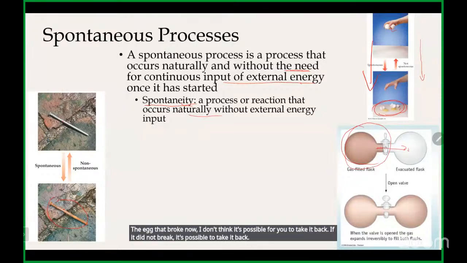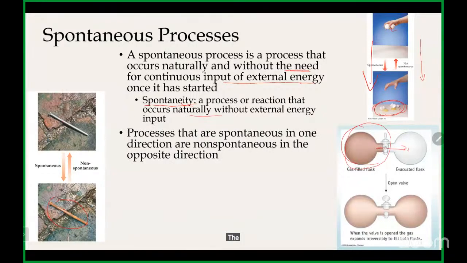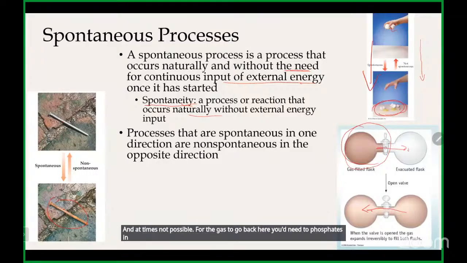So the reverse processes are usually not spontaneous and at times not possible. For the gas to go back here, you'd need to force it in that direction. But for it to go back on its own, that will not happen. So processes that are spontaneous in one direction are non-spontaneous in the other direction.